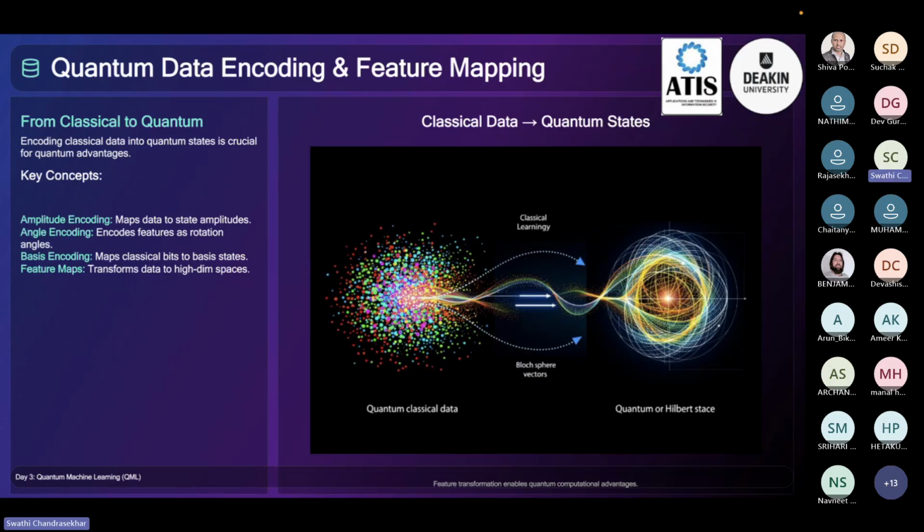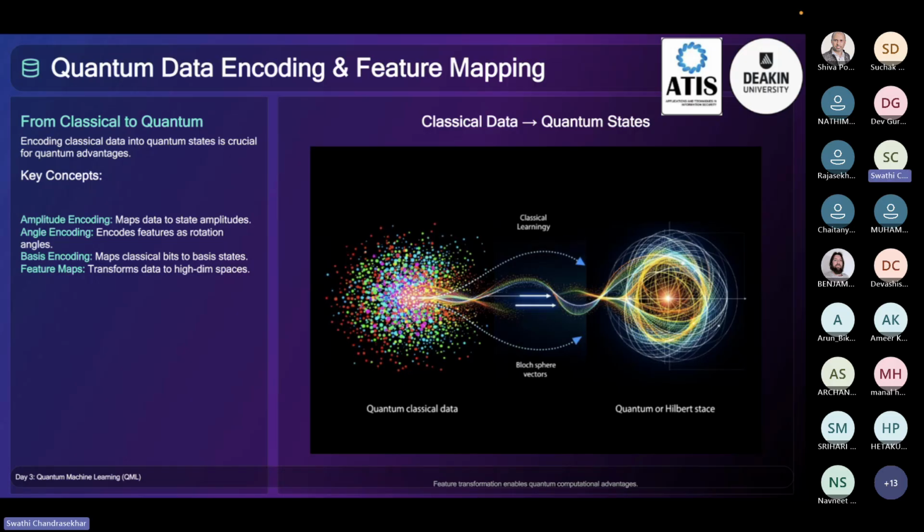Qubit one will encode the temperature of the patient, qubit two the heart rate, and qubit three the oxygen saturation. We convert each of these measurements into an angle between 0 and, say, pi, and then we rotate each qubit by that amount. It's a very intuitive scheme: a larger feature value means a larger rotation, stuff like that.